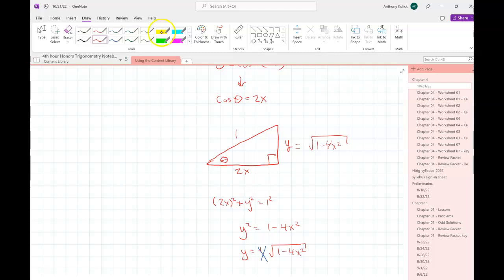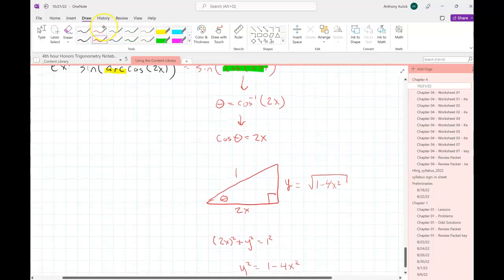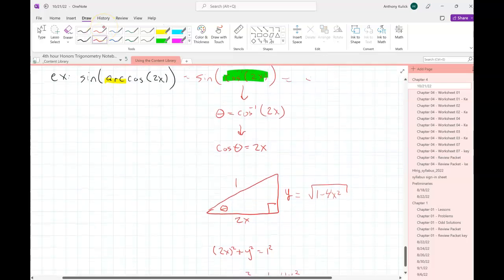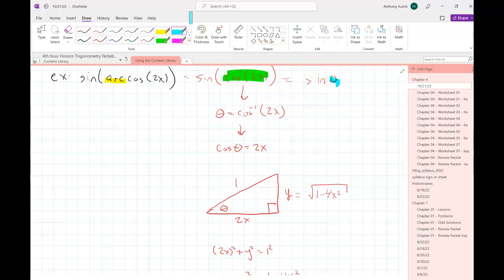From here, it's very easy. Because what I have now is just equal to sine of theta. And there's my theta. Sine is opposite over hypotenuse. And I'm done.